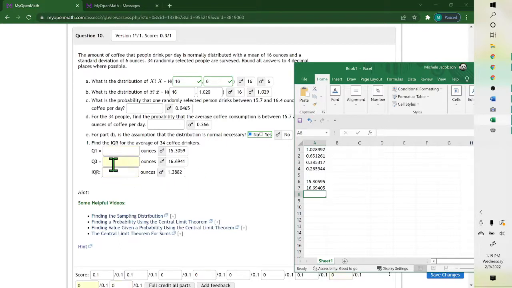Interquartile range is just these two subtracted. To define the interquartile range, I put my equal sign, the second one minus the first one. Enter. You get 1.3882.